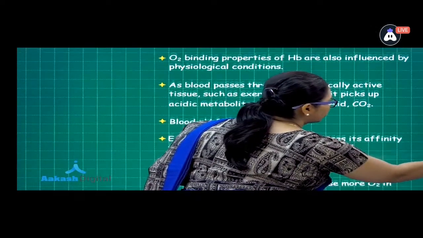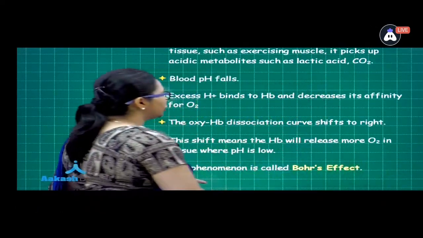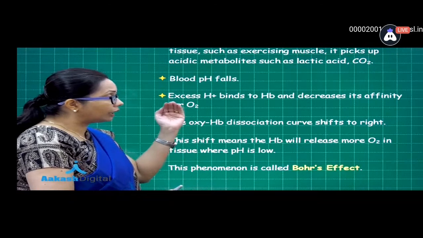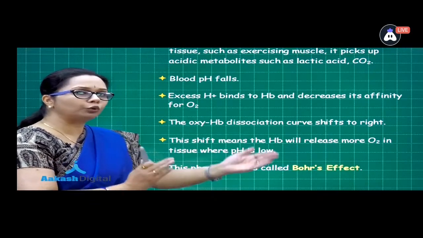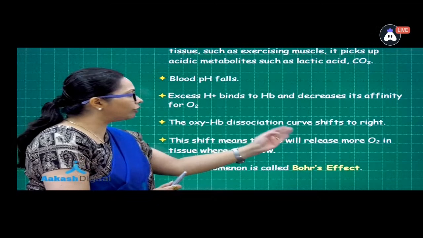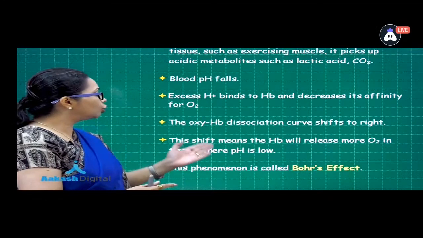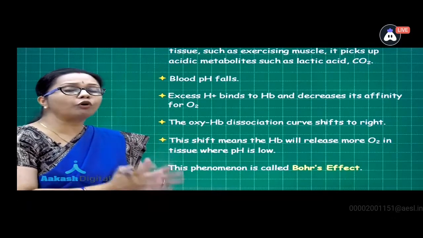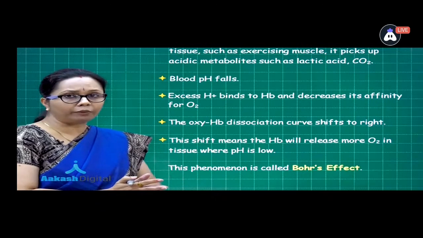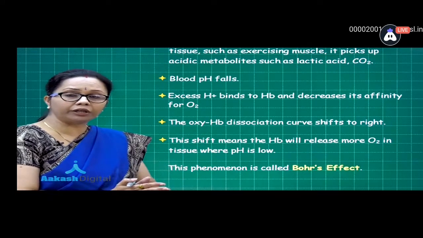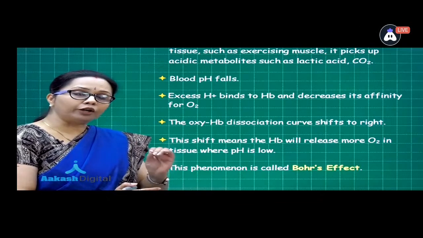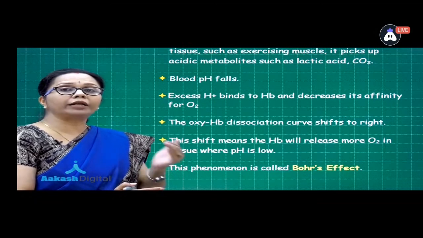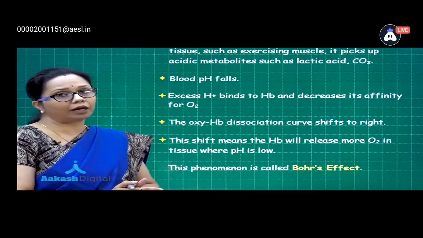And as a result, what is going to happen to the oxyhemoglobin dissociation curve? It is going to shift to the right. That we will just be seeing. And what does it mean? When the curve shifts to right, it means that hemoglobin will release more oxygen to that tissue. Wherever the tissue is metabolically active, it is producing more carbon dioxide, and because of more carbon dioxide, acidic content is being created, because carbon dioxide combines readily with water to form carbonic acid, and this carbonic acid dissociates into H ions and bicarbonate ions.